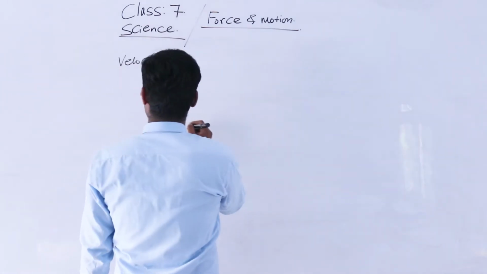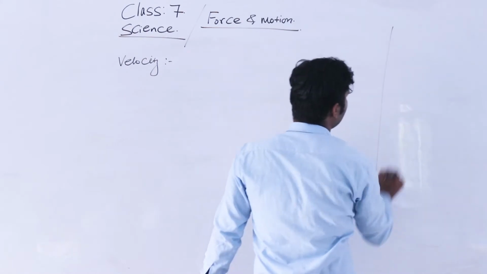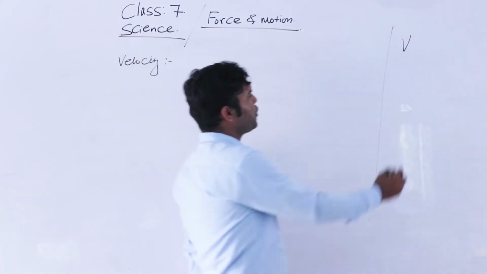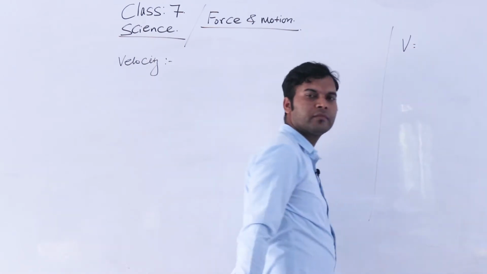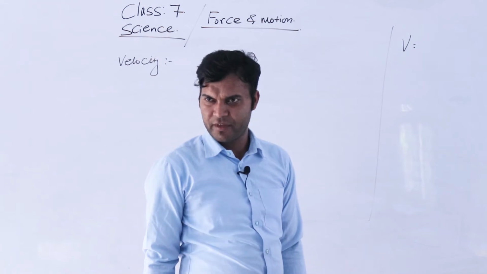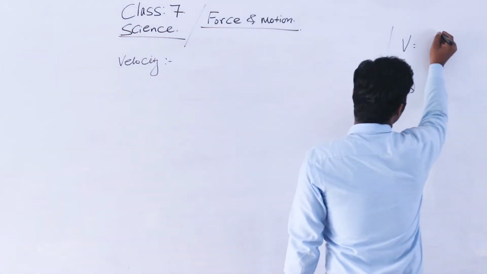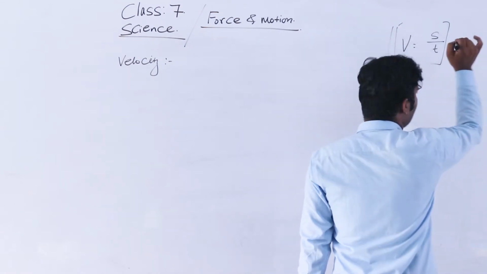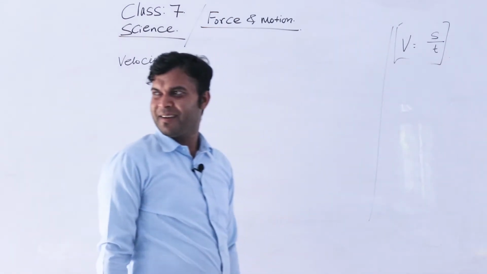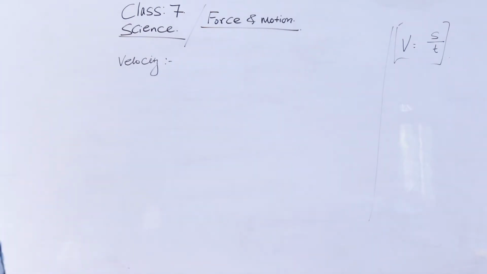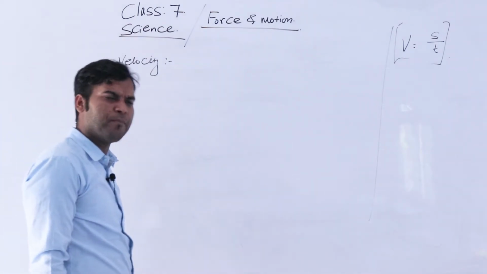Simply, velocity is denoted by V. V is equal to the rate of change of displacement, or displacement upon time. The rate of change of displacement is called velocity.